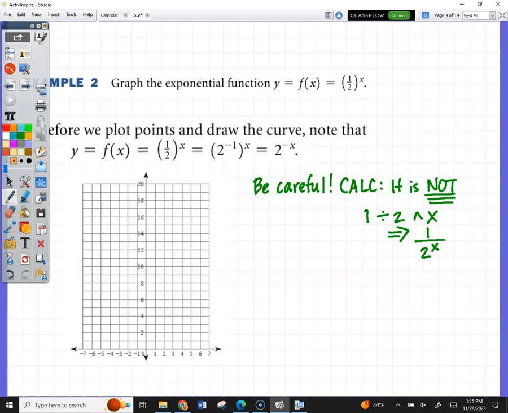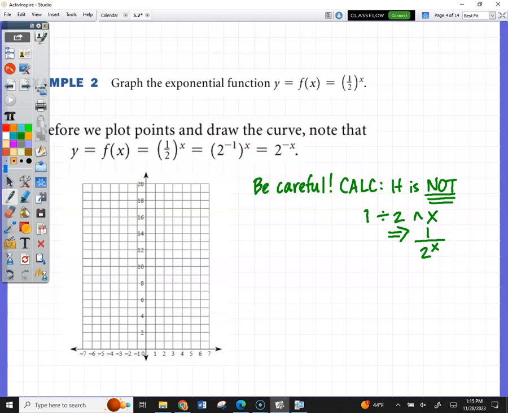It will only raise the 2 to the x power. It will not raise the entire 1/2 to the x power. So there's a big difference. You've got to put parentheses around the 1/2 to say, hey, take the 1/2, raise the whole thing to x, not just what the caret's attached to at the end.